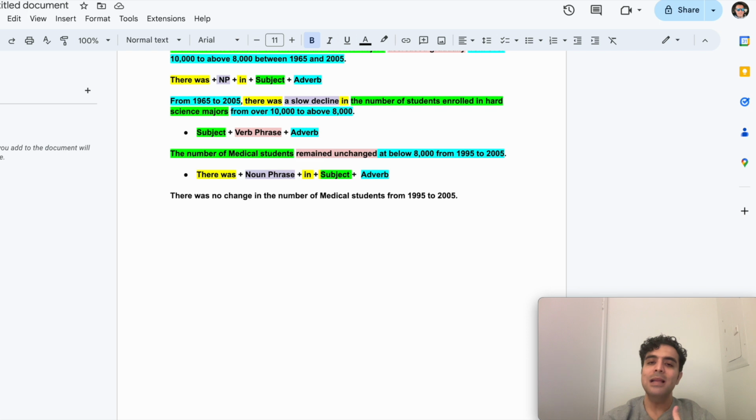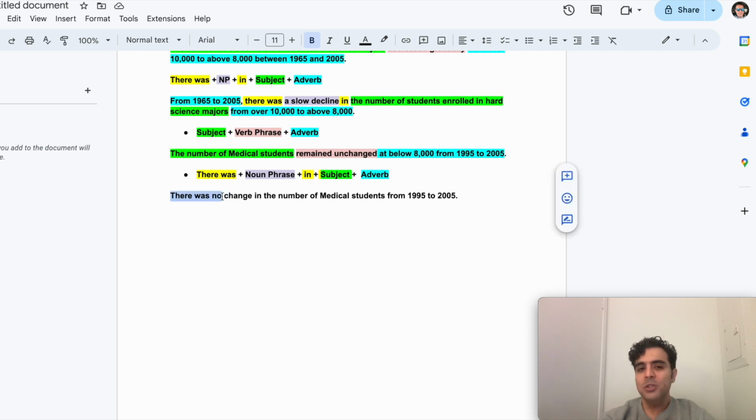So if in the previous sentence we mentioned that the number of students reached 8,000 in 1995, and then we say there was no change in the number of students from 1995 to 2005, it's obvious that the amount was stable at 8,000 because we mentioned it reached 8,000 in 1995. So if after 1995 it remained stable, it will have remained stable at that certain amount that was mentioned.